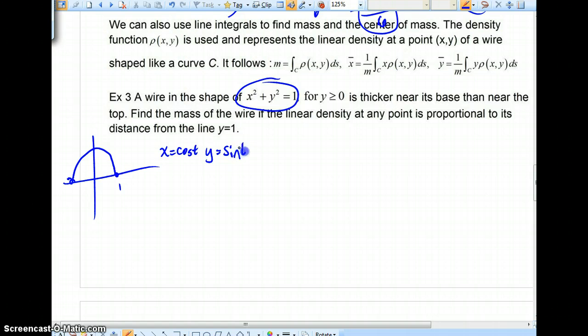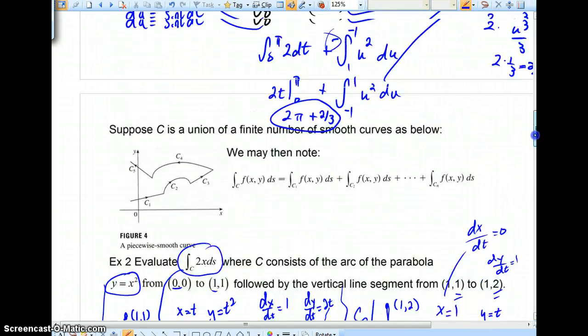Wonderful to have that. And you might even remind yourself as to what we saw before. We saw that ds, if you want to look back to example 1, this radical just became a 1, didn't it? I'm going to scroll back real quickly just to help you out and remind you of that.